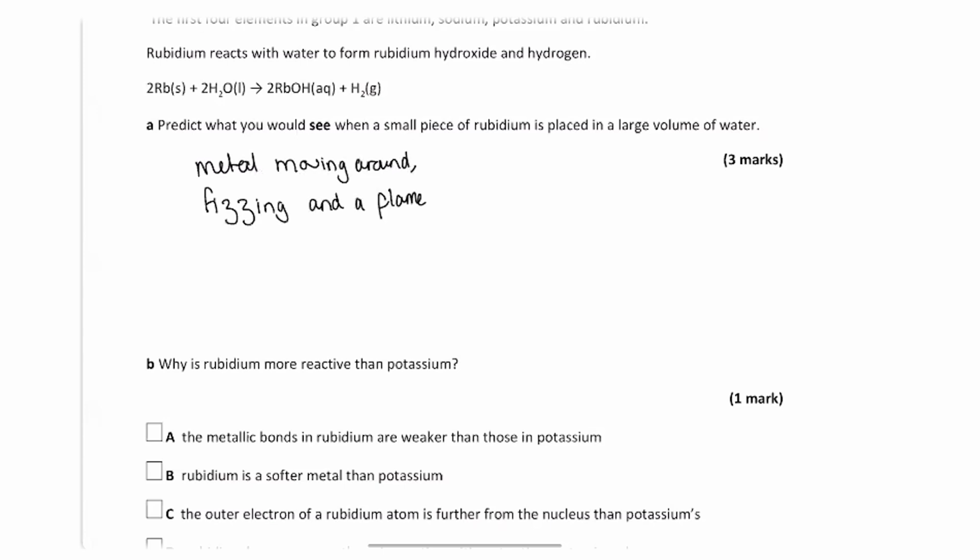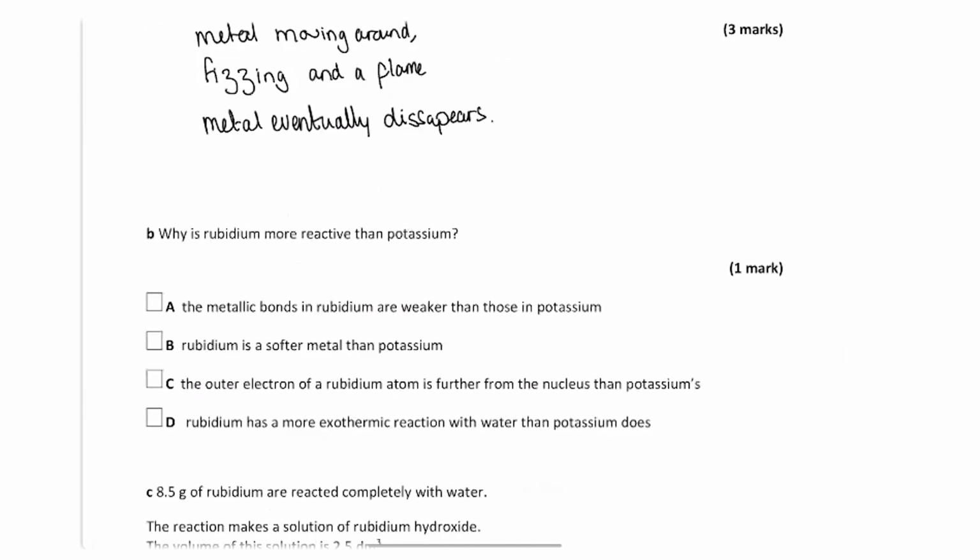And because this is talking about what you see, you would see the metal eventually disappearing. Now, I know it doesn't feel very like chemistry to say things disappear, because we know it doesn't really disappear, but this is for asking what you see. So this is a question where people try and be too clever and trip themselves up, but this is a lovely question.